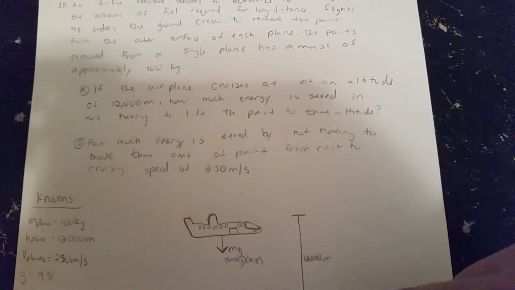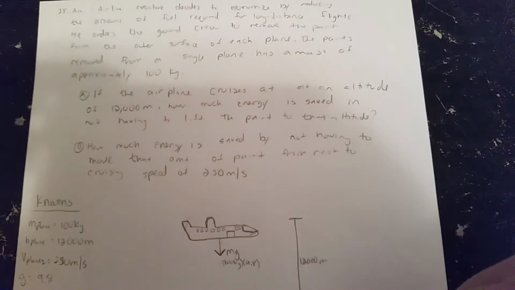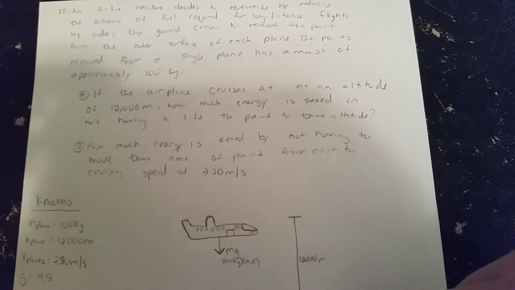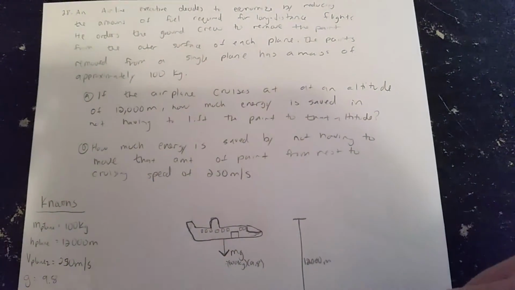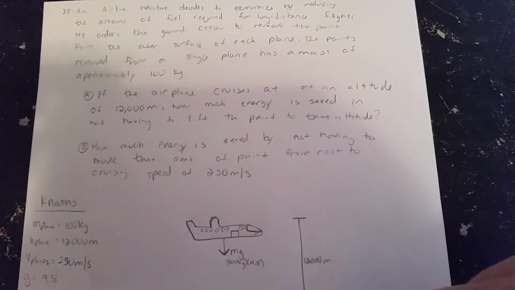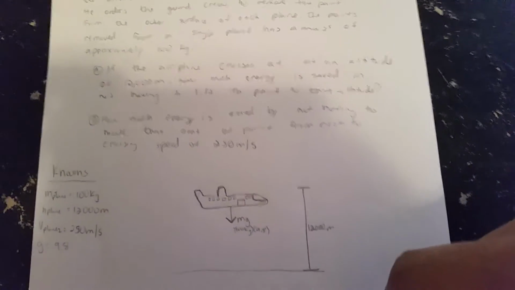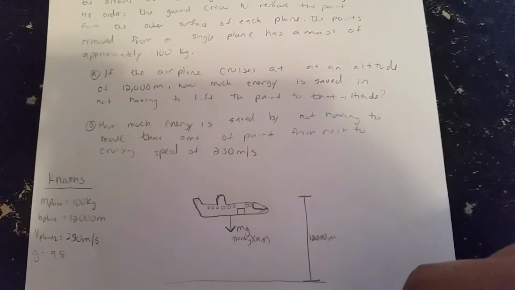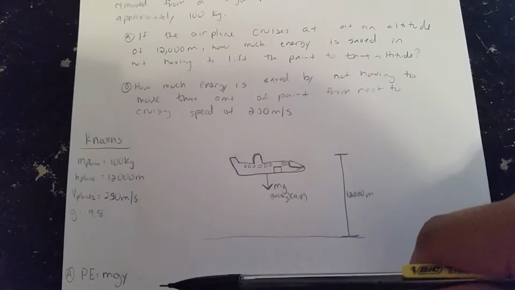It's asking for if the airplane cruises at an altitude of 1,200 meters, how much energy is saved in not having to lift the paint to that altitude. So being that they're looking for energy that is saved and that the airplane has stored energy now, we can use the formula for calculating potential energy, which would be PE, potential energy, is equal to mgy.